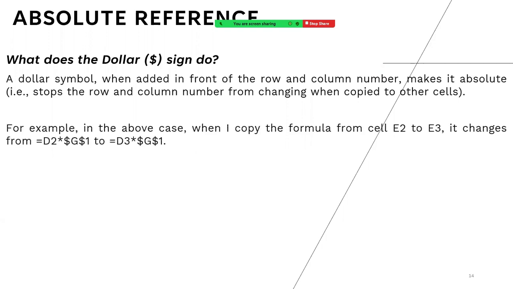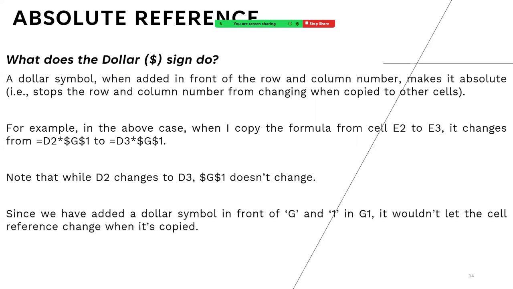For example, in the above case, when I copied the formula from E2 to E3, it changed from D2 multiplied by G1 to D3 multiplied by G1. So here the G1 is not changing, but the D2 has changed to D3. Since we have added the dollar symbol in front of G and 1 in G1, it won't let the cell reference change when it is copied. So that's the importance of your dollar sign. Hence, this makes the cell reference absolute.